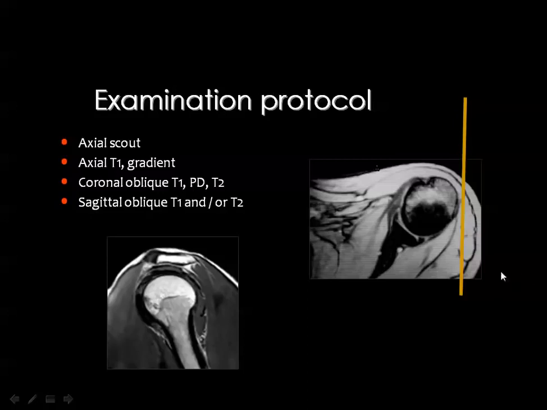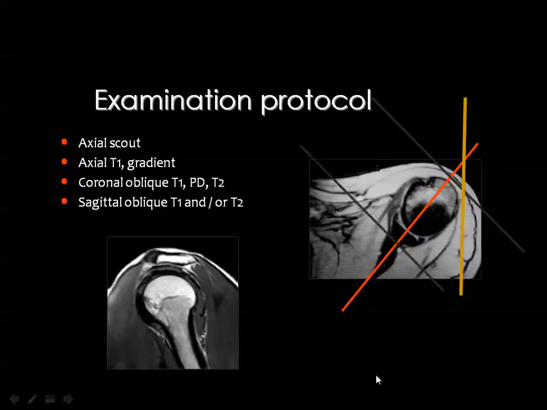Sagittal images are obtained from medial to lateral or from lateral to medial. Direct sagittal sections will not show the regular anatomy, but you identify the axis of the ice cream cone, and you obtain the sagittal images perpendicular to this axis from lateral to medial or from medial to lateral.